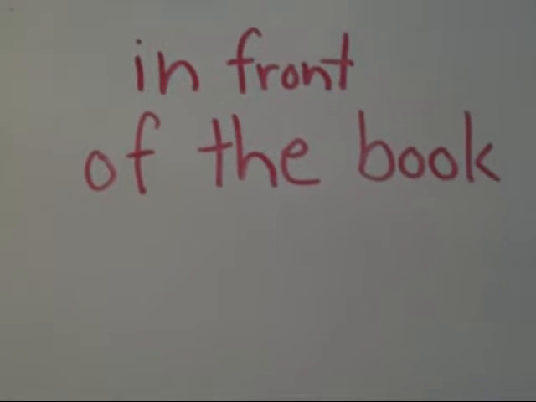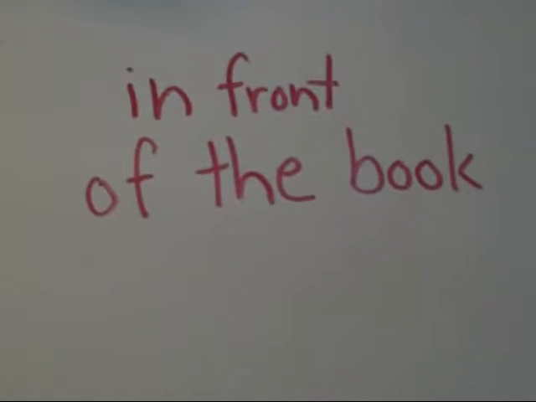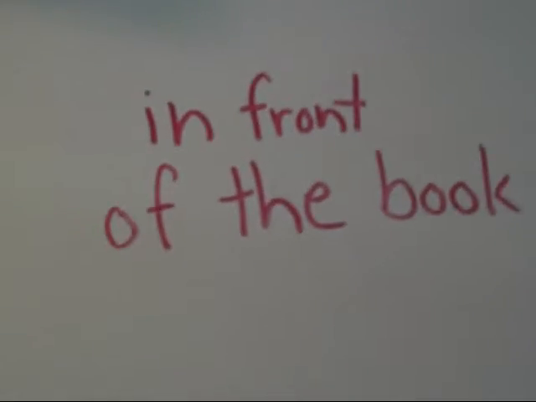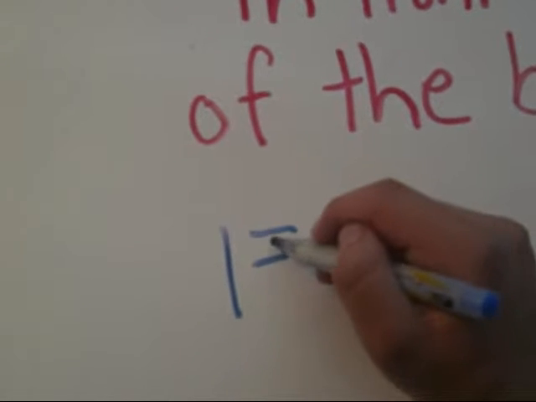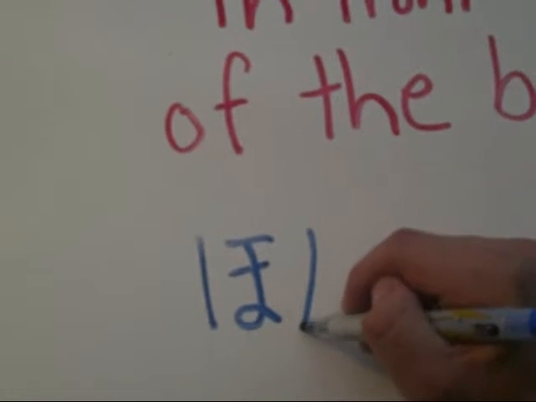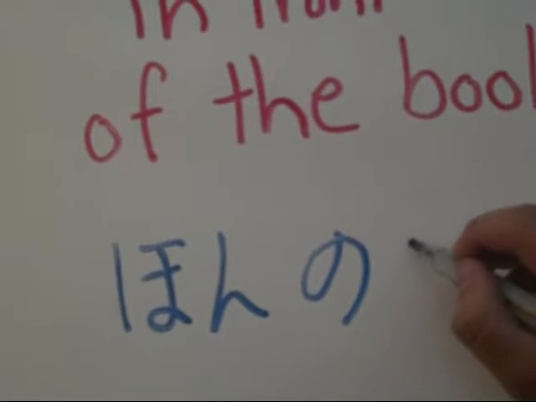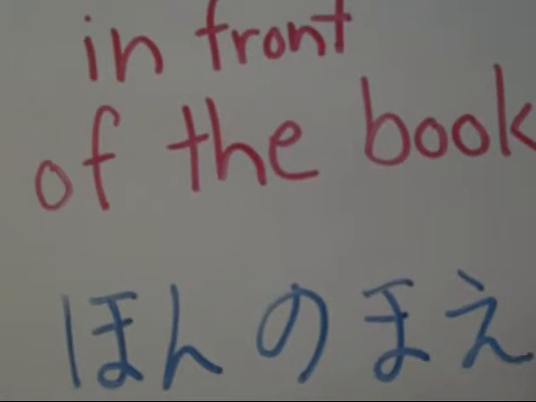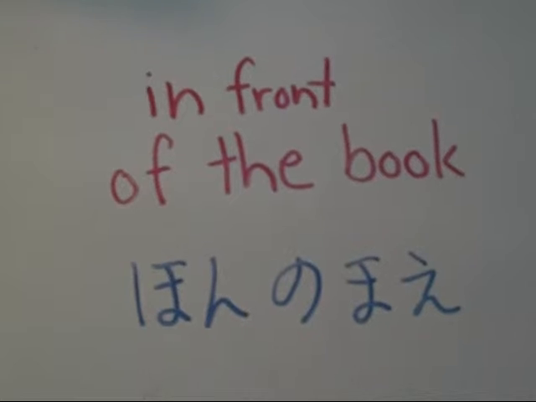Now, in our little phrase, which I'm going to put in blue so you can distinguish the English from Japanese, and that you didn't know how to already, because you're starting to learn hiragana, and that's awesome. So you put hon. Remember, hon is book. Hon no mae. So both mean in front of the book.